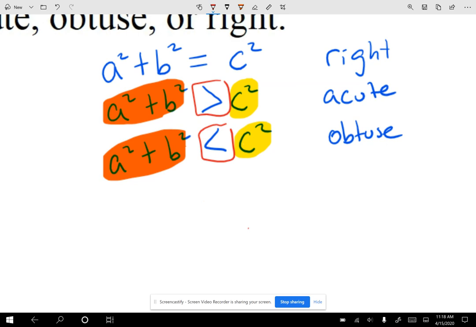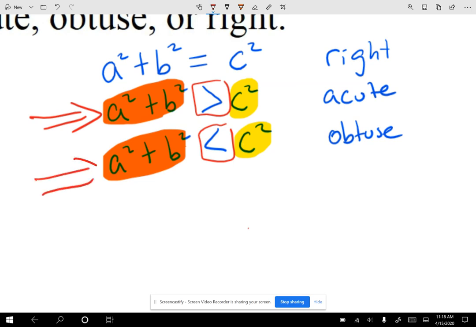So going back to my inequality here, on my second inequality, a squared plus b squared is greater than c squared. Notice how the open side is towards a squared plus b squared. So that means that c squared is small. So when I say c squared happens to be the smaller side, I'm going to call that acute.